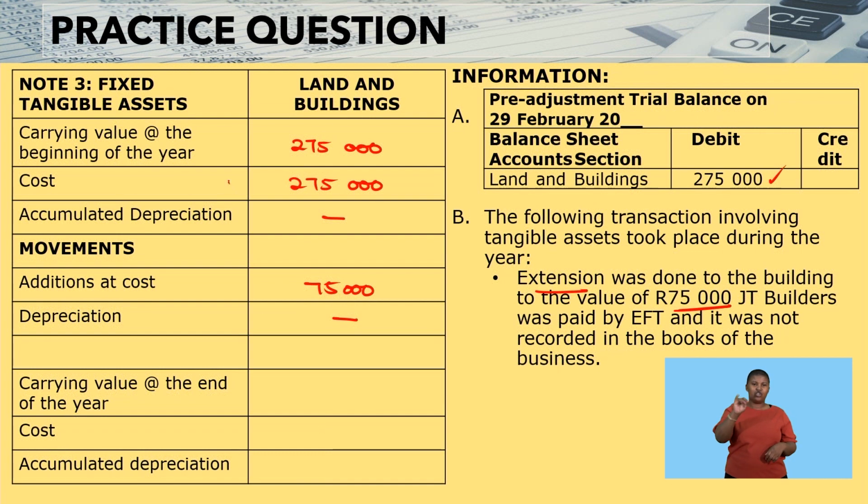So we say my cost here plus my additions at cost gives me my cost at the bottom. 275 plus 75 gives you 350,000. Then, accumulated depreciation is not there. Therefore, the carrying value will be 350,000. This is how we would record in note number 3 when it comes to our land and buildings.